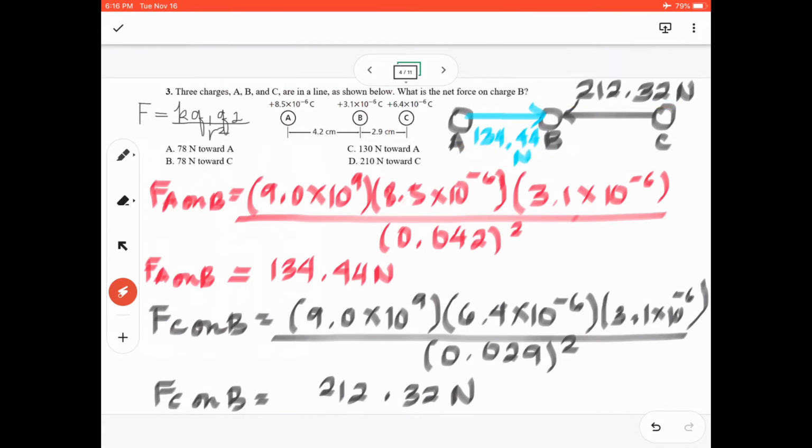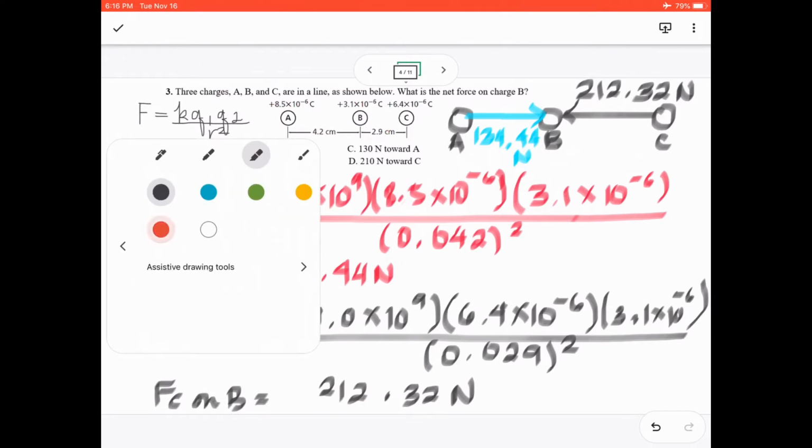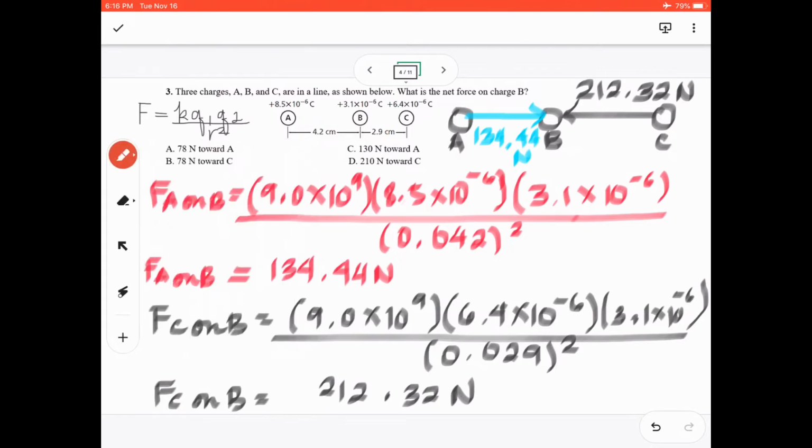So if we're going to get the net force, they are of different directions, so you're going to get the difference between 212.32 minus 134.44 newtons. The difference will be equal to 77.88, and if we round it off, it'll be 78.